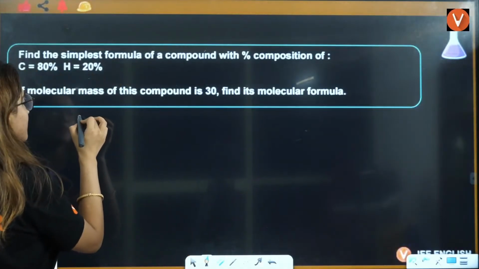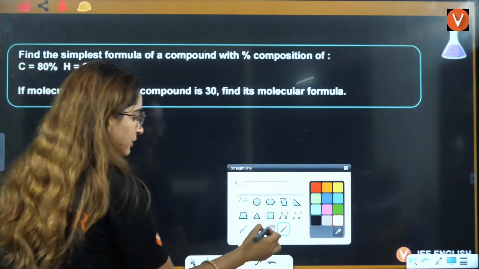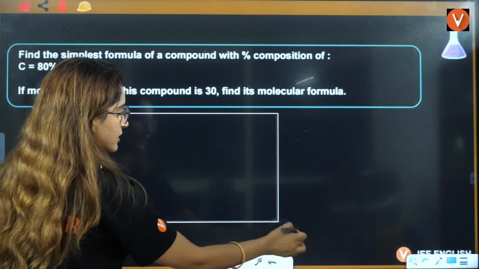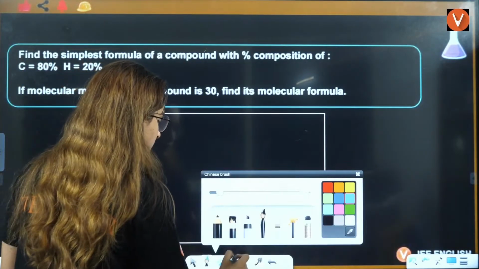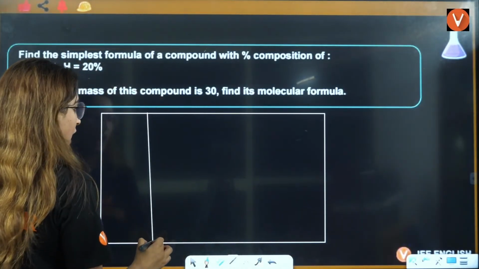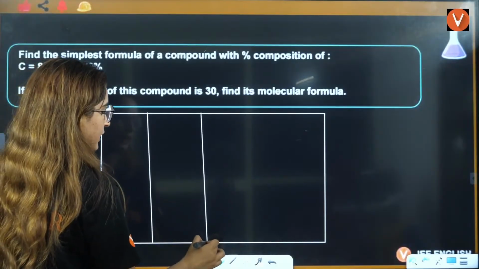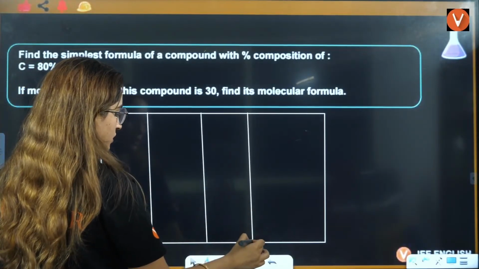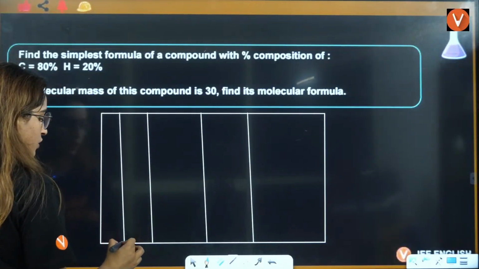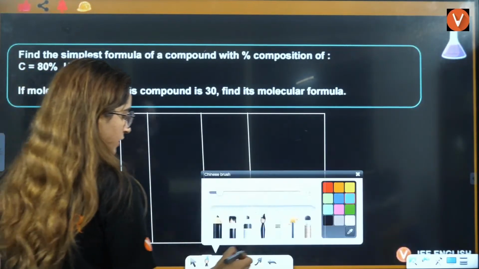See, simple, firstly what I told you, you have to make a table. Okay, you will make a table here, right? Table is small, table is big, doesn't matter, you have to make a table. This will be carbon, hydrogen, this will be percentage, this will be your molar mass, this you can say is your atoms. Okay.